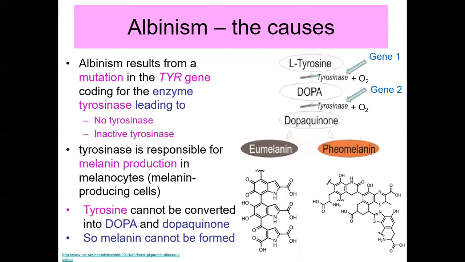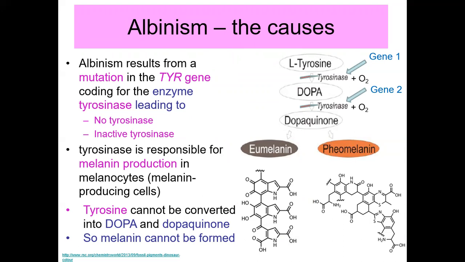So what is the cause of albinism? It's because of mutation in the TYR gene, the gene that codes for the enzyme tyrosinase. TYR stands for tyrosinase. Look at this reaction. You start with L-tyrosine, and it needs 2 tyrosinase enzymes in the presence of oxygen.